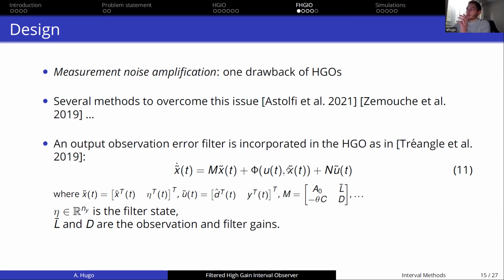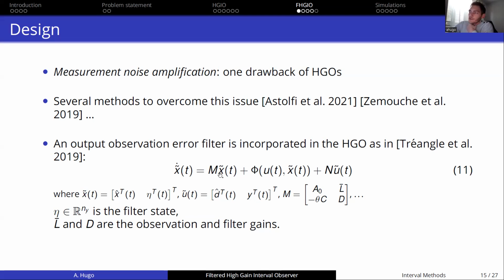And so equation 11 presents in a compact, augmented way, a filtered eigen observer. The augmented state is composed of the state estimation of the system, x hat, and the state of the filter, eta, which corresponds to a filtered version of the estimation error, so of y minus Cx hat.